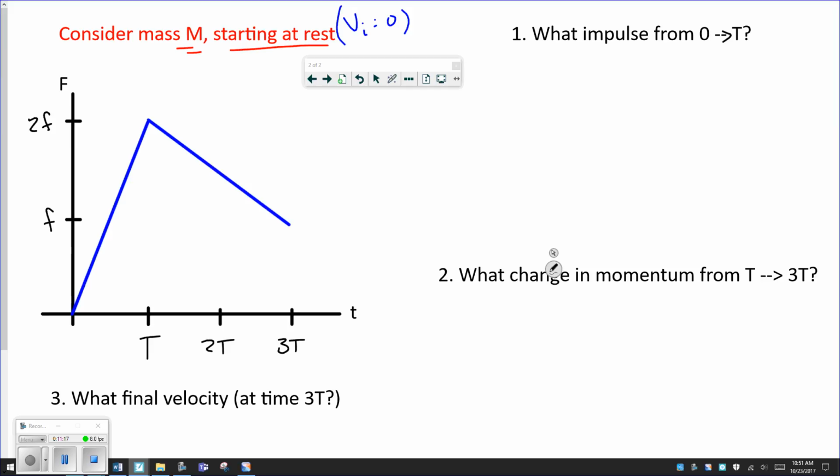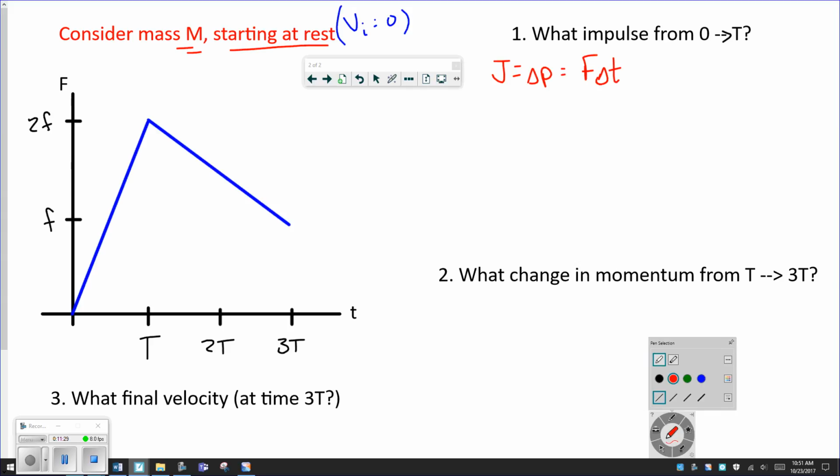So what we're going to certainly use is the idea that impulse, or delta P, same thing, is F delta T. All right, so during this interval from 0 to T, what's F times delta T? Well, the delta T is clearly T. Time goes from 0 to T, so delta T is capital T.